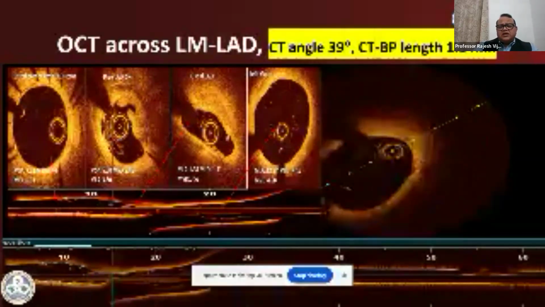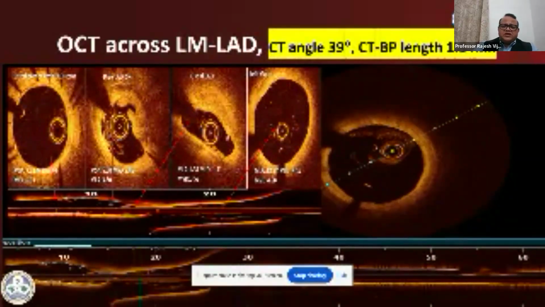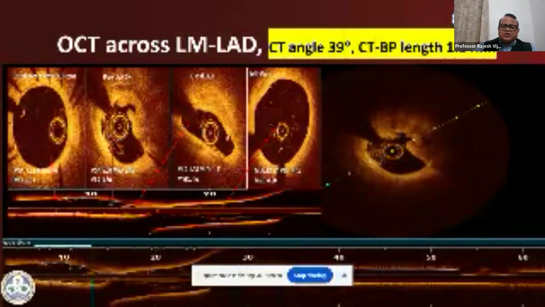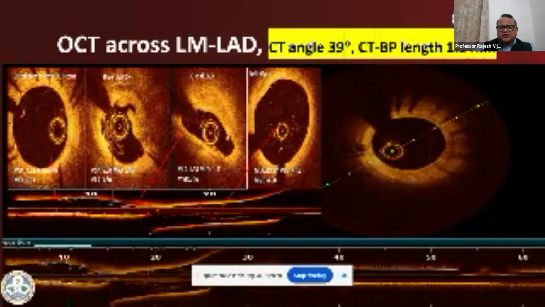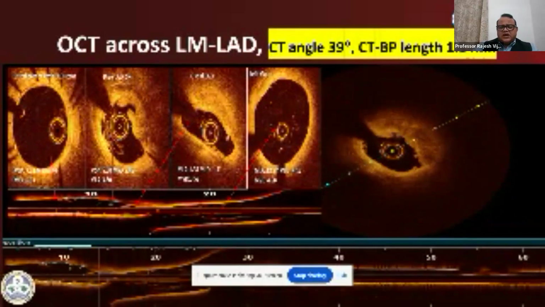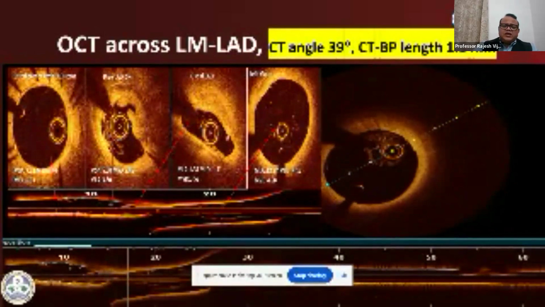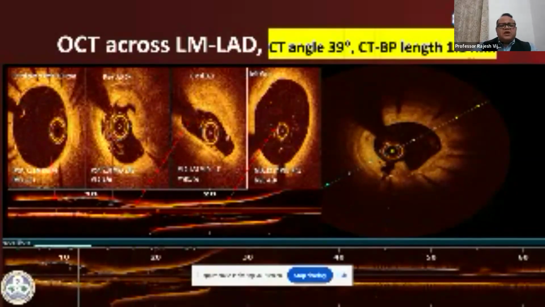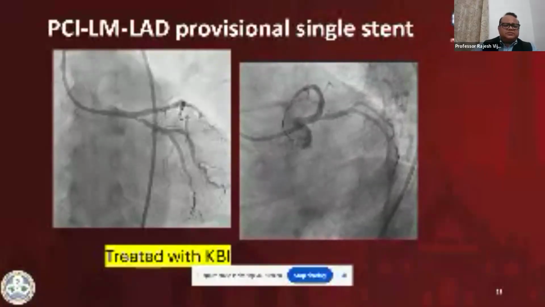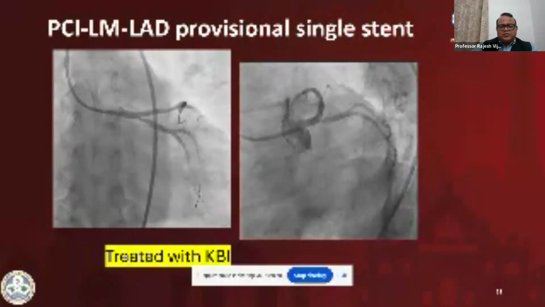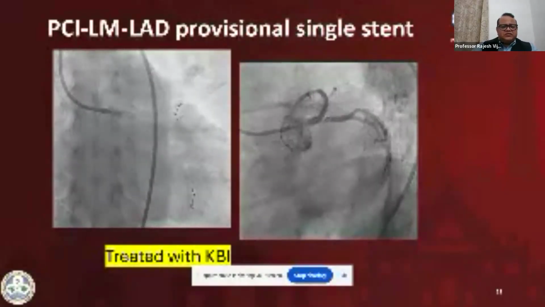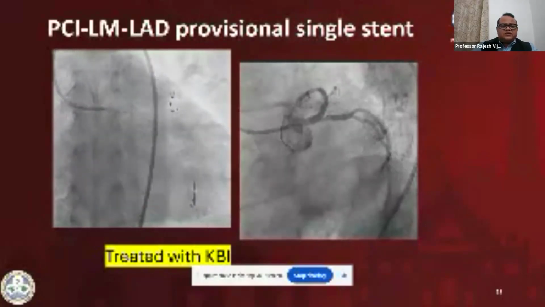So an angle of less than 70 degrees and a length of less than 1.7 millimeter do predict the risk of side branch, that's the ostial LCx, occlusion. And then after putting a stent from left main to LAD, you can very well appreciate there is a pinching of the side branch, the ostial LCx occluded over here secondary to plaque shift, and then it was successfully treated with kissing balloon inflation.